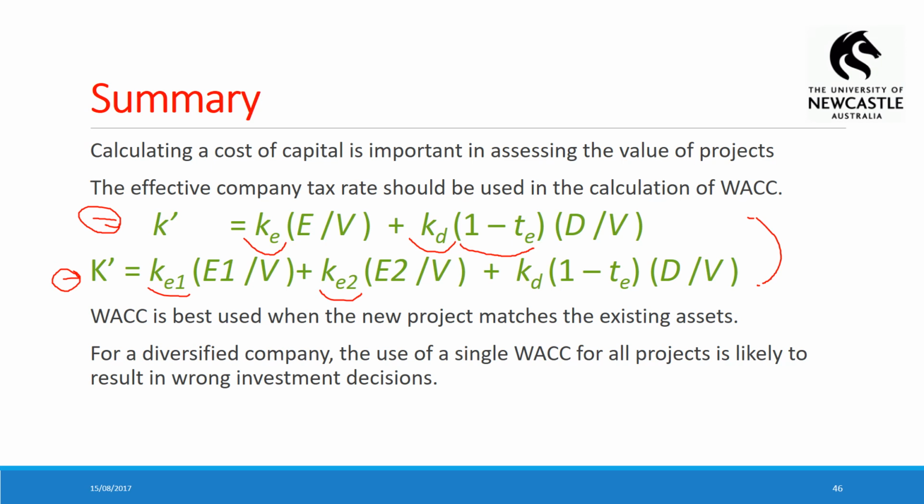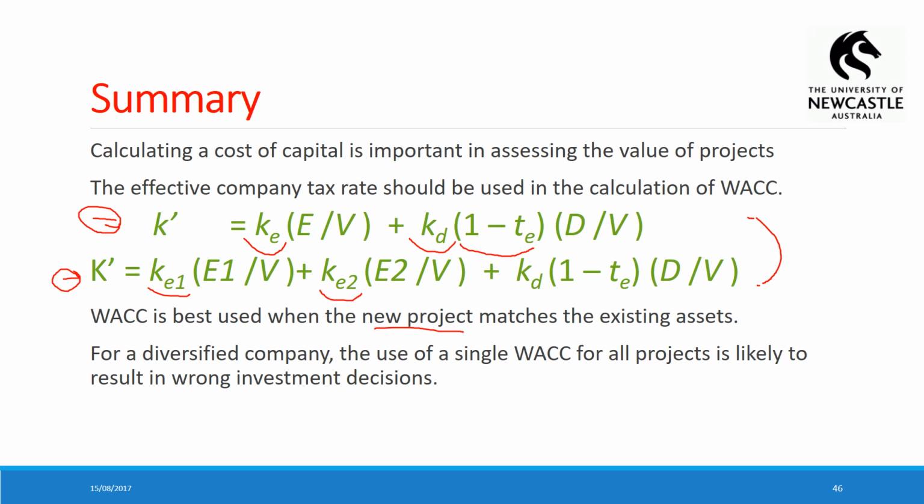We also talk about project's cost of capital versus overall company's cost of capital. So we mentioned before that we can only use the total cost of capital to price a certain project if 2 conditions are met.